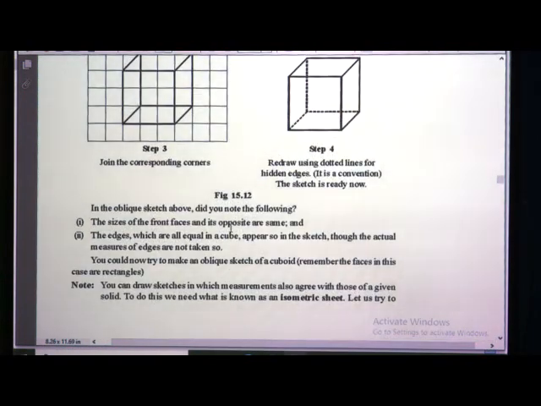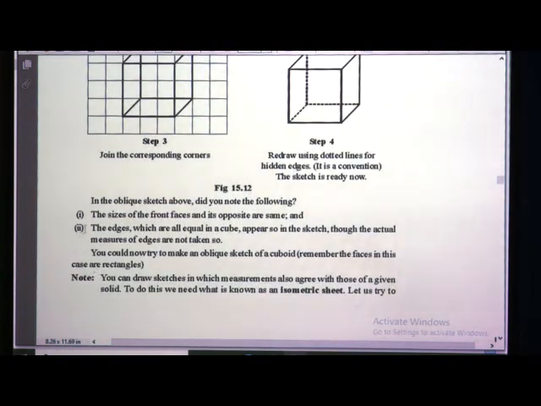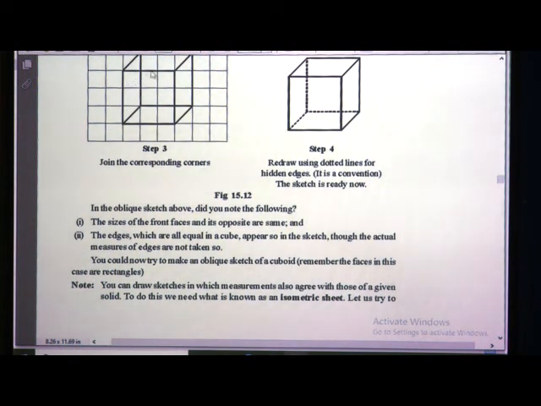First I will explain about this oblique figure. You have to note when you are drawing, if you want to draw a cube, you have to take 3 into 3. If you want to go for a rectangle, one length should be more and the other, that is breadth, should be less, because in a rectangle or cuboid, all the sides are not equal.